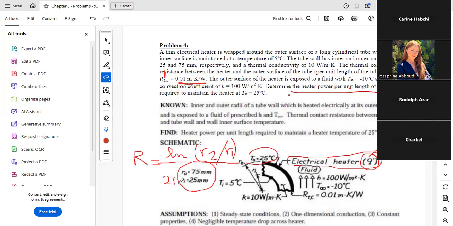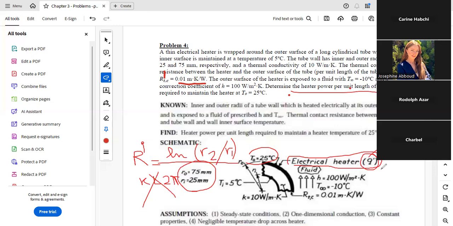So what do we remove? L, very good. We just have to remove L. Then we will draw a circuit with resistances R prime and with heat rate per unit length Q prime.